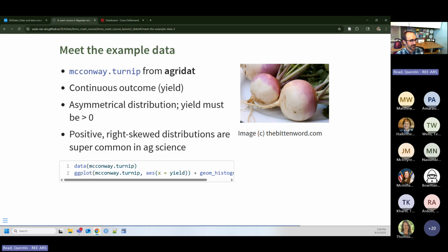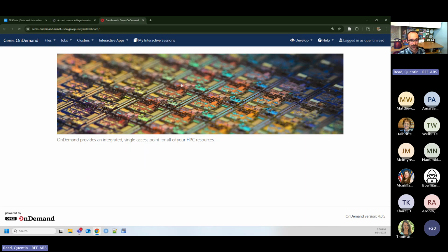So I'm going to leave our slides behind here for a minute and go into SciNet, where we're going to log in, start a session, and get back to where we were last time. So I've already logged in to Open OnDemand, so everybody should do that as well. And this is exactly what we have been doing every week.